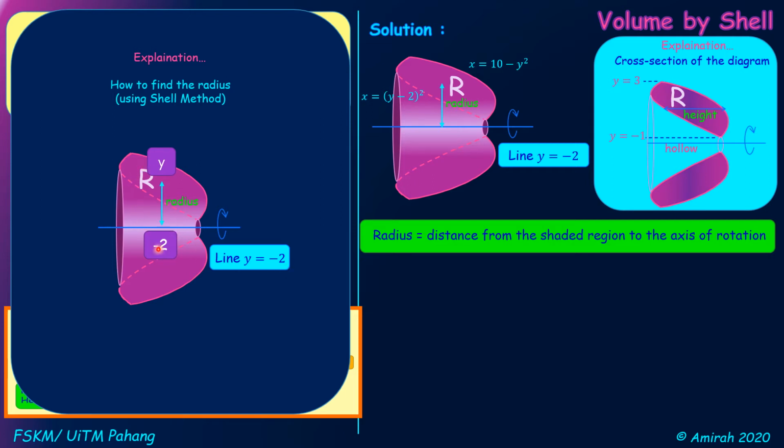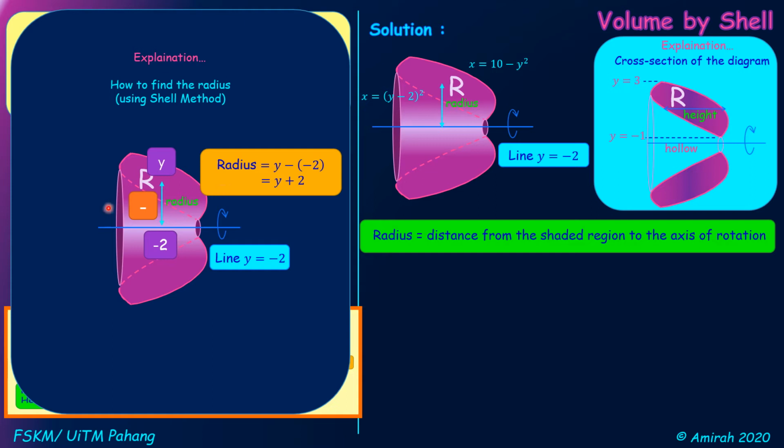From here we can see that the original shaded region is on top of the axis of rotation. So we must subtract top minus bottom. So we get y minus negative 2, so y plus 2. This is our radius.